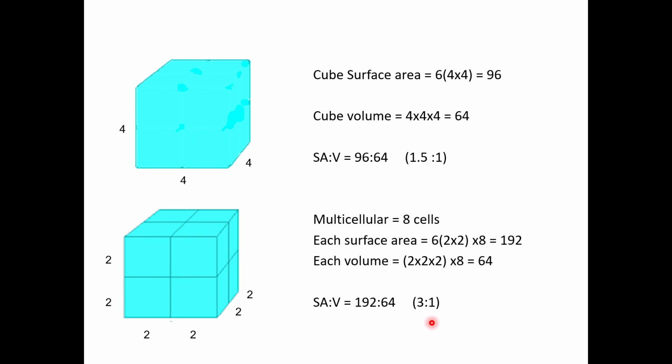So having multicellular organisms is a benefit because I can keep my cells small so that the surface area to volume ratio is reasonable enough to help the cell survive, but then I can keep adding more and more little cells so the organism itself can continue to grow bigger. Surface area to volume ratio is a very important factor in survival.